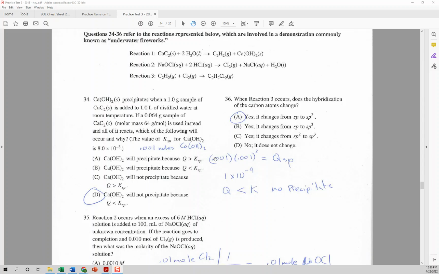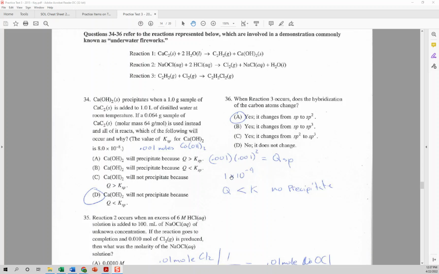So if we plug in those concentrations, the calcium would be 0.001. And I just realized I made a mistake here. No one's perfect. The concentration for calcium would be 0.001, but the concentration for hydroxide should be 0.002.